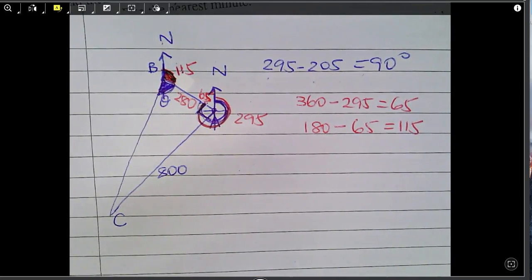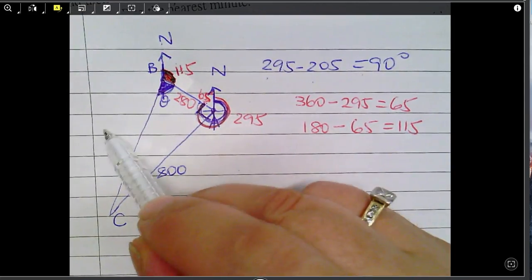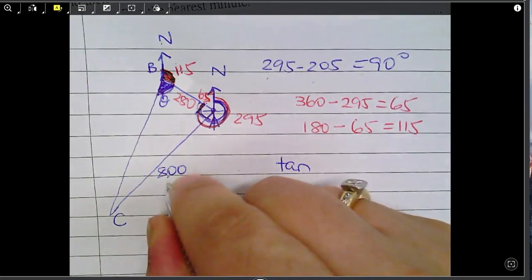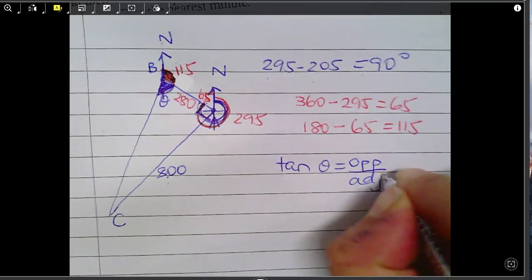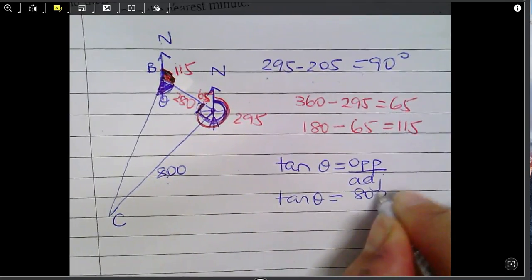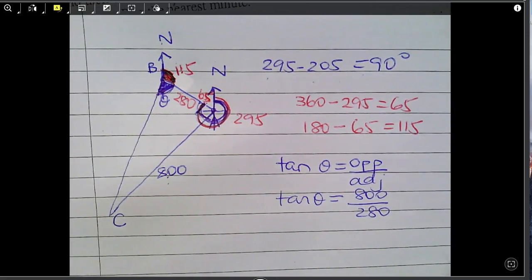So now I take my right angle triangle, that's a right angle, that's the hypotenuse. I must have to use opposite over adjacent. So tan theta is opposite over adjacent. Tan theta is 800 over 280, which obviously simplifies.